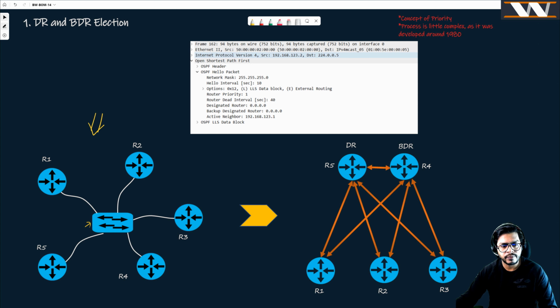The whole point was that once we reach the two-way state, and the meaning of two-way state is that, if we talk about R1 and R2, whenever we are running OSPF on all of these routers, the first thing they are going to do is generate a hello message, right?